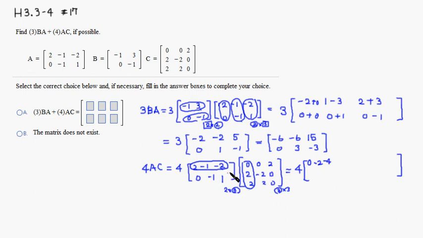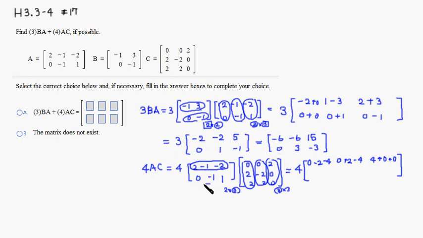Then using the second column: 2 times 0 is 0, and negative 1 times negative 2 is positive 2, and negative 2 times 2 is negative 4. Last column: 2 times 2 is 4, negative 1 times 0 is 0, negative 2 times 0 is 0.